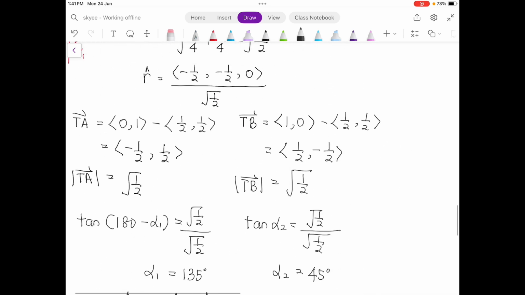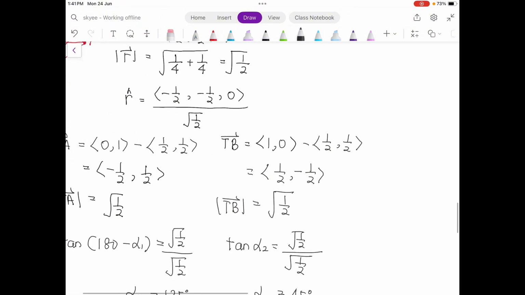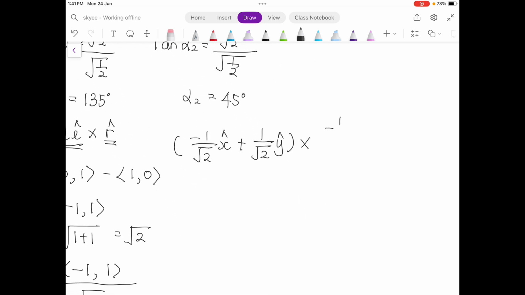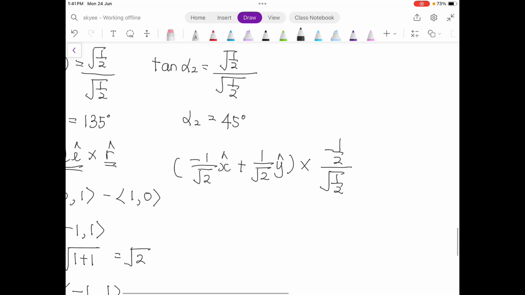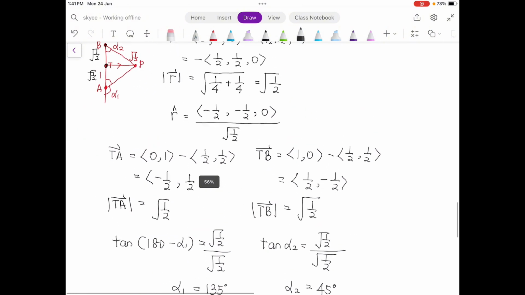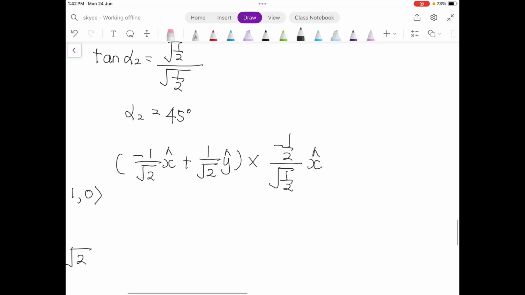So the unit vector r, just now we have this, negative 1 over 2, negative 1 over 2, over square root 1 over 2. This is x, and negative 1 over 2 over square root 1 over 2. This is 1. Cross with that.